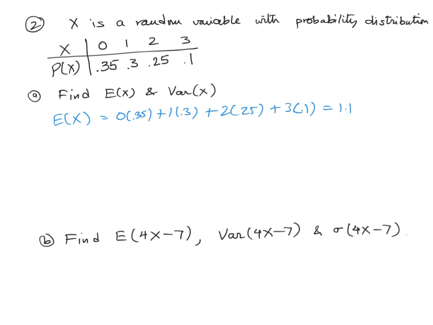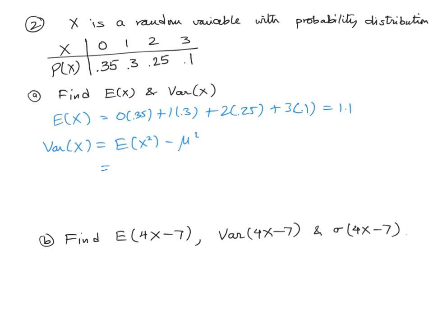So now let's find the variance of x. So remember, variance of x is equal to, and I'm going to use the shortcut formula, expected value of x squared minus mu squared. So to figure that out, I need to first do expected value of x squared, which means I got to take each of these x values and square them and multiply by their corresponding probabilities.